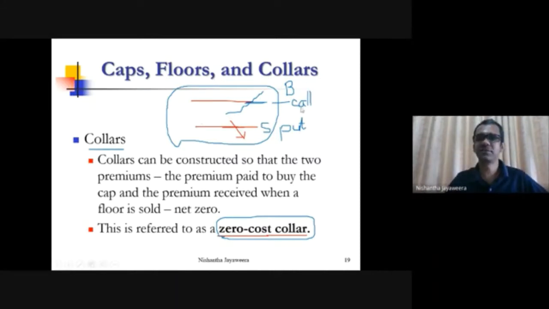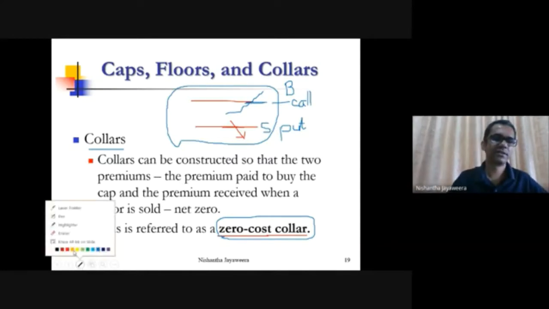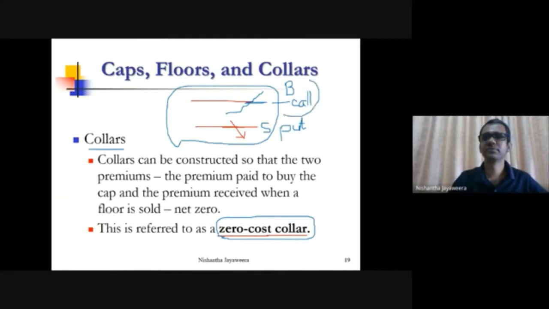So there was a high demand for call options. So call options were very expensive, and they had to pay a high premium. To recover that high premium, they had to sell put options with a high strike.